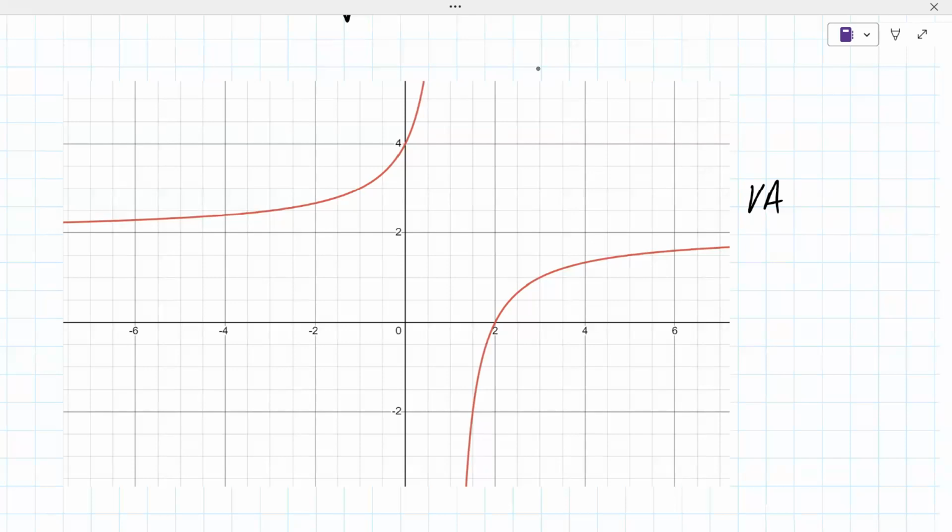That's a two. Let's put a dot at 2. Does that hit the graph?